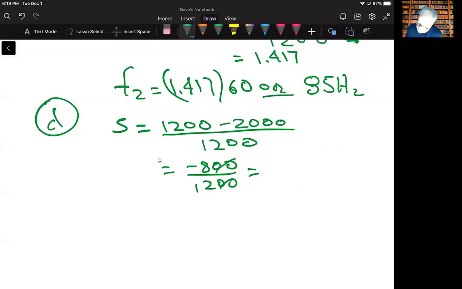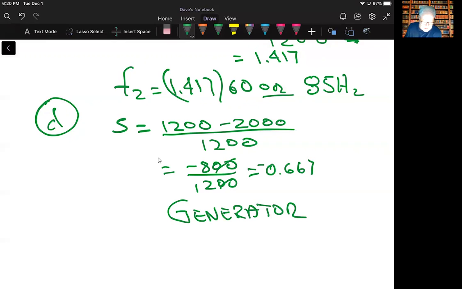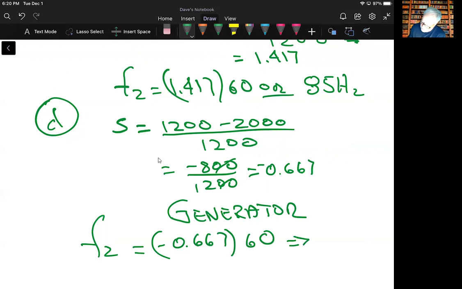And that is going to come out to negative 0.667. Whenever we have a negative slip, the motor is actually operating as a generator. That means we're actually returning energy back. And the frequency of this new situation is minus 0.667 times 60, or minus 40 hertz.